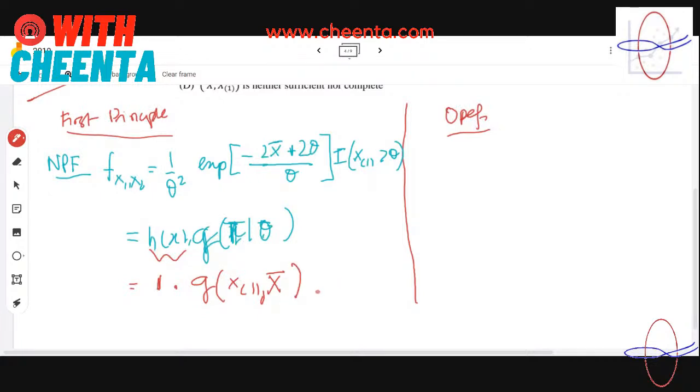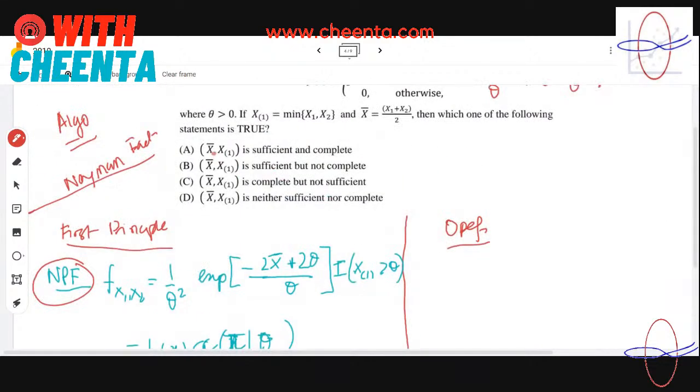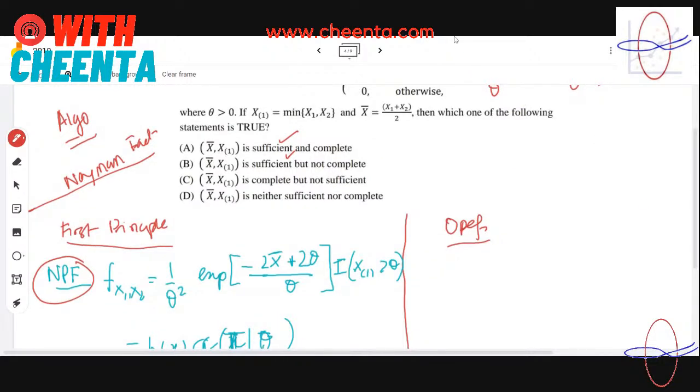So therefore, given theta, x bar and x1 together are sufficient. Did you understand this idea? By Neyman factorization you get that x bar, x1 is sufficient. So this one or this one will be correct. You just have to check whether it's complete or not. Okay, so first of all my question is, does this belong to OPEF? Debargo.